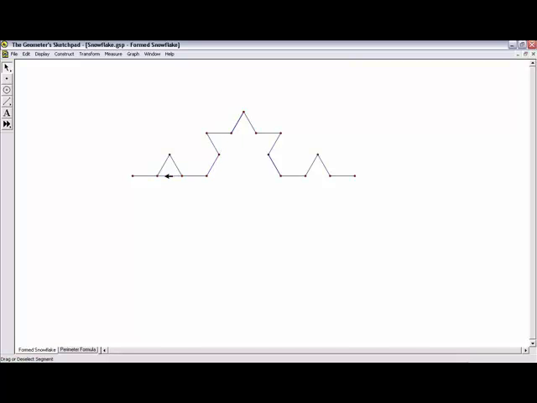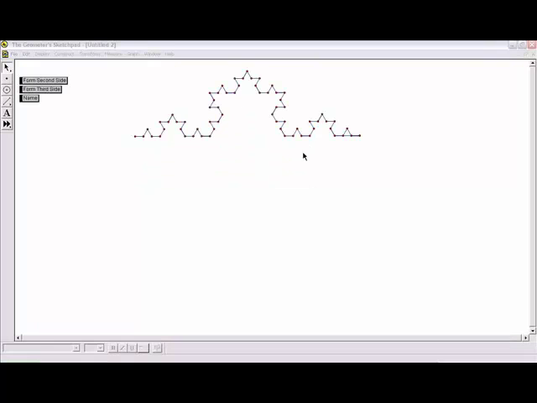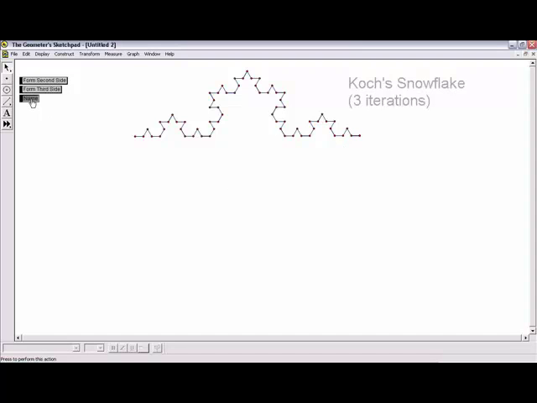Removing the bases will complete our construction and give us one side of Koch's Snowflake with 3 iterations. Using 60-degree rotations around the endpoints of the original line segment, we can create a completed Koch's Snowflake with 3 iterations.